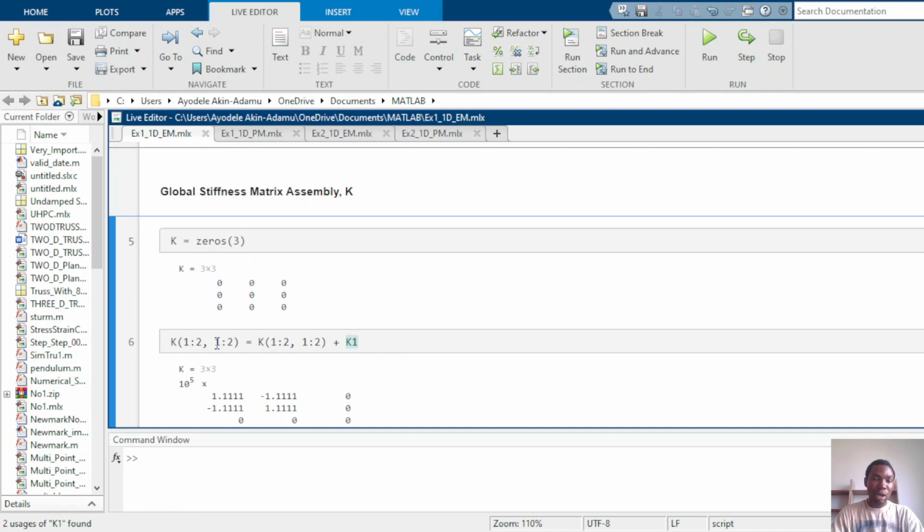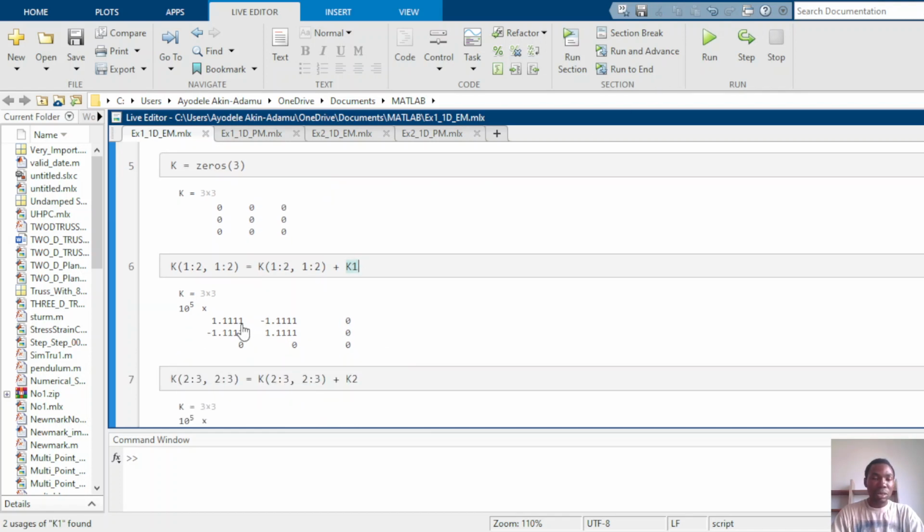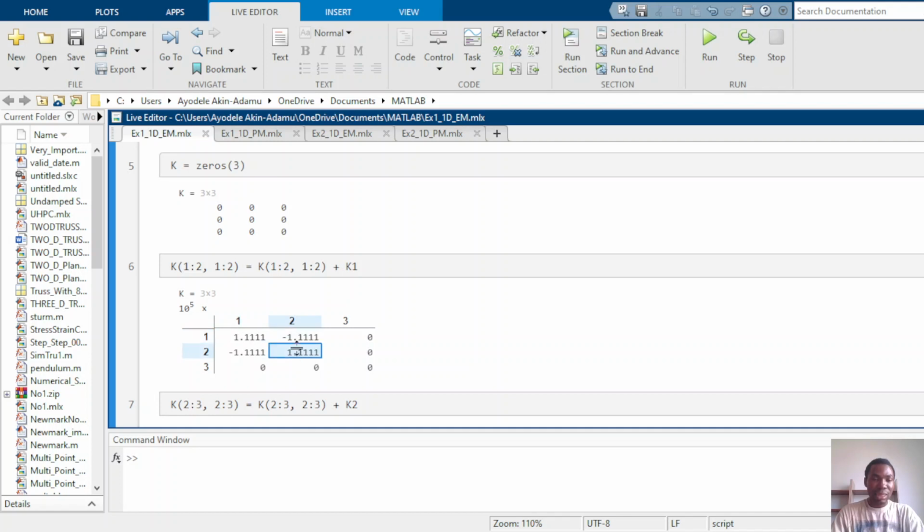What this line of code actually means, what's in the bracket, 1 colon 2, means from 1 to 2 along the row and from 1 to 2 along the column, add K1. So you write this here equals to, you also write the same thing, plus K1. If you write this code and you run it, you see K1 gets added in these 4 positions, at positions 1, 1, 2, 1, 2, 2, and 1, 2 of the zero K matrix. So I've added my K1 matrix to the zero K matrix.